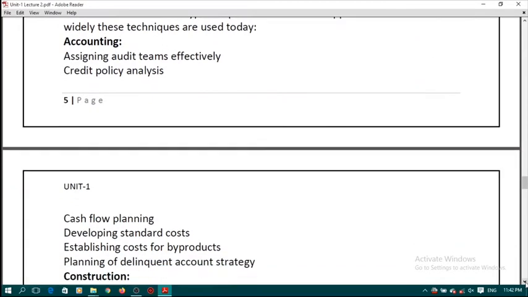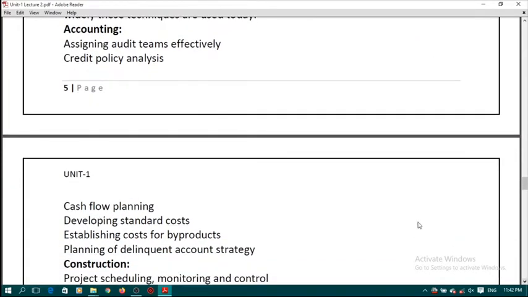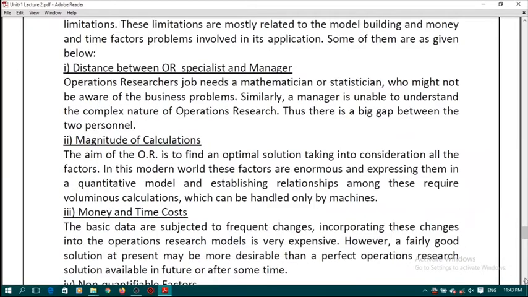First one is accounting: assigning audit teams effectively, credit policy analysis, cash flow planning, developing standard cost, establishing cost for byproducts, planning of delinquent account strategy. In all this, we need operation research.